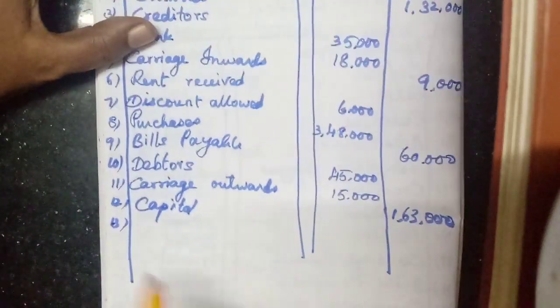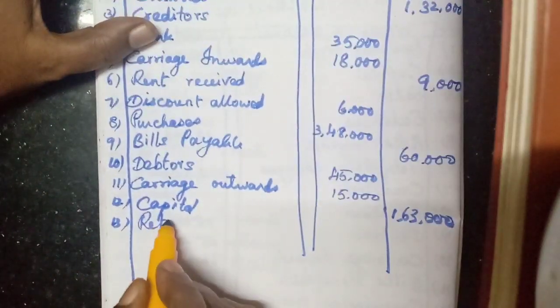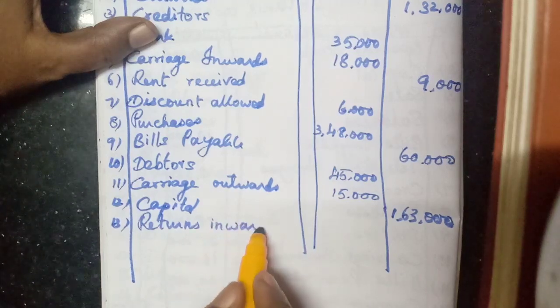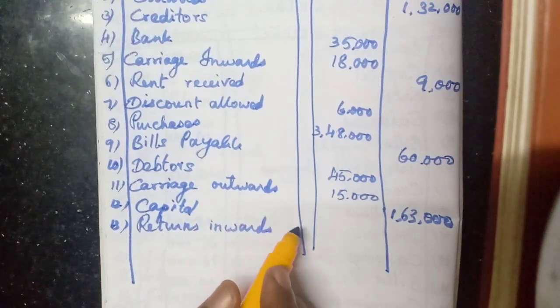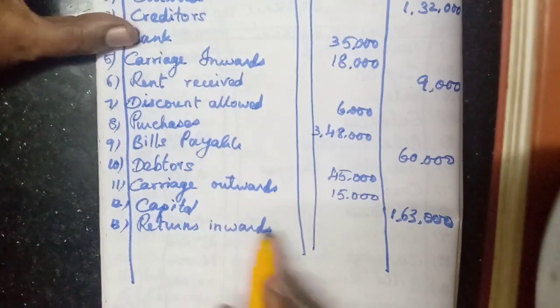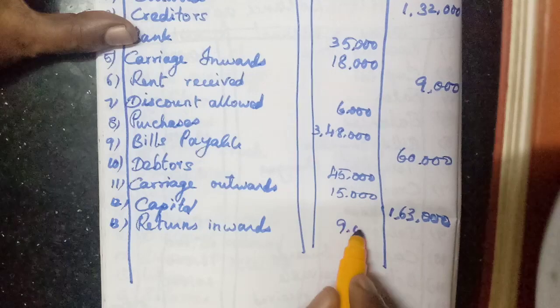Returns inward. Returns inward means what? Sales returns. Okay, sales return should be debited. 9,000.